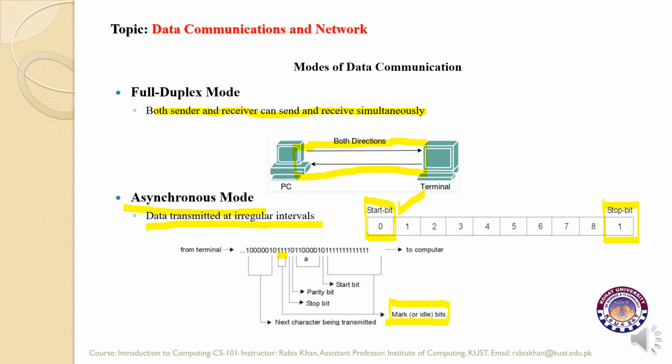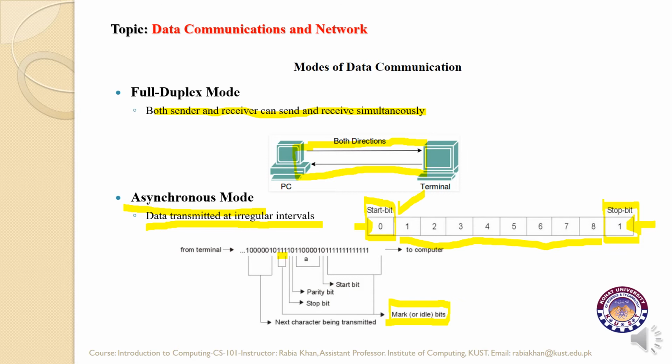So the start bit is always a 0 bit, as you can see here, and the end bit is always a binary 1. In between these two start and ending bits are different characters that are being sent between two parties.